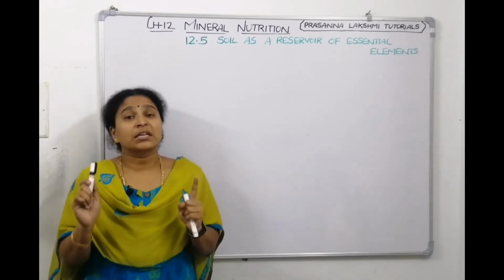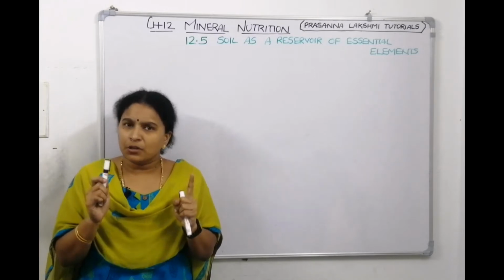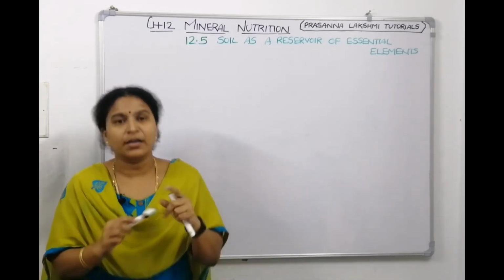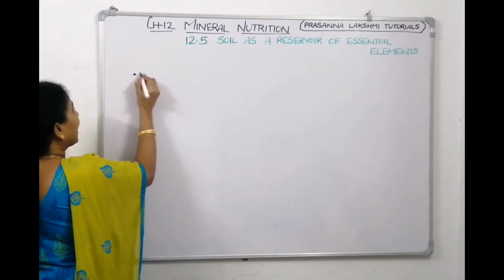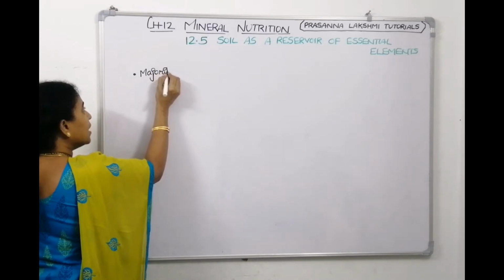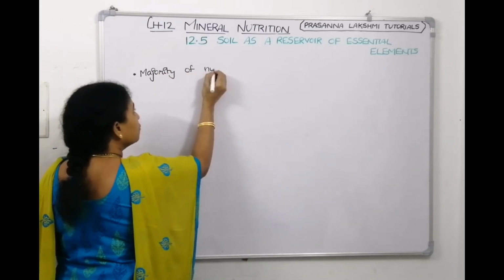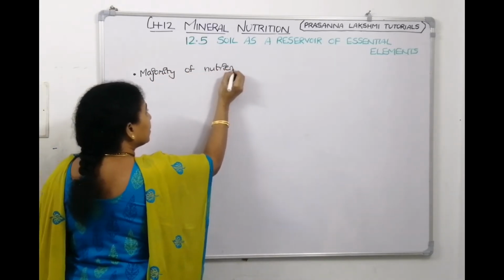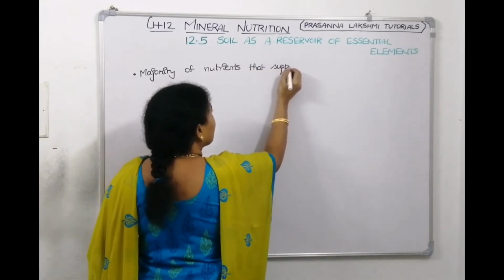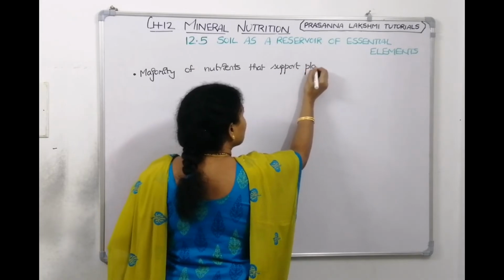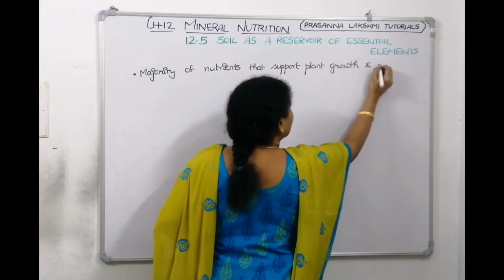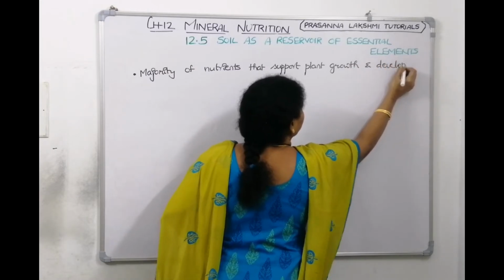Majority of the nutrients that are essential for the growth and development of the plant will come from soil only. So, what am I telling? Majority of nutrients that support plant growth and development.